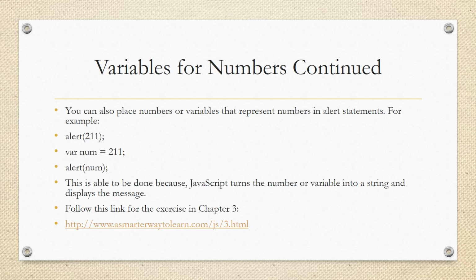So like 2 plus 2, and then say num equals 2 plus 2, and then you put an alert statement up, it'll say that it equals 4. This is able to be done because JavaScript turns the number or variable into a string and displays the message. So that's just a little bit on variables for numbers.